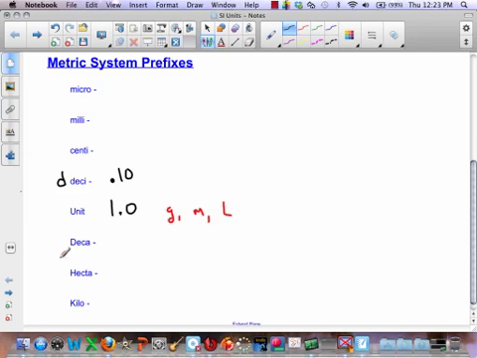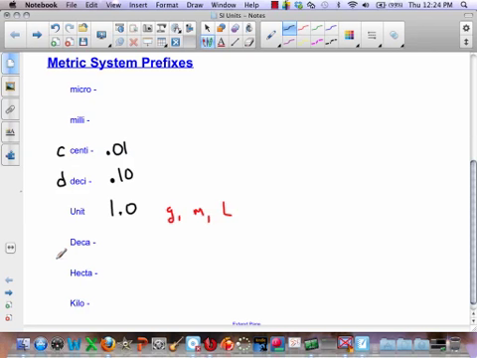All right, centi. Centi meaning what? Think about 1 cent, 1 century. What does that mean? 100. So a centi is 100, so 0.01 of a meter. That's going to be a lowercase c. All right, milli. Millennium.